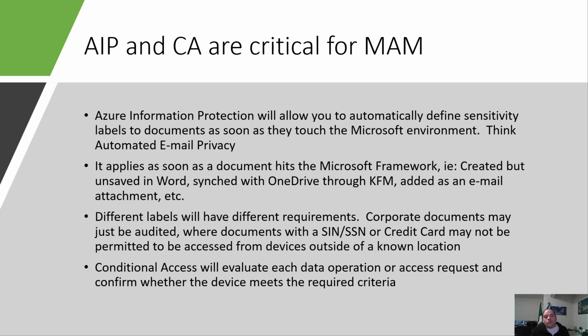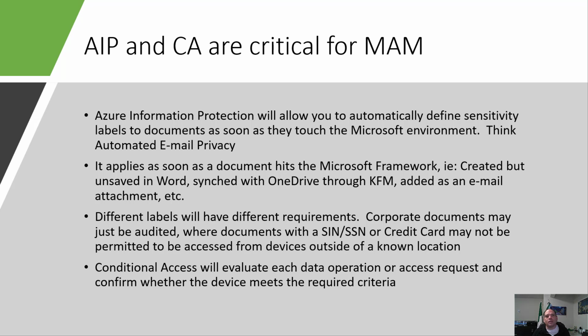And then we can have different labels for different requirements. Based upon the type of organization that we have and the type of documents, we may have different labels for social insurance number, social security number, credit cards, as I mentioned. It could also be patent information or internal R&D numbers. If those are located in a document, then they automatically get flagged.